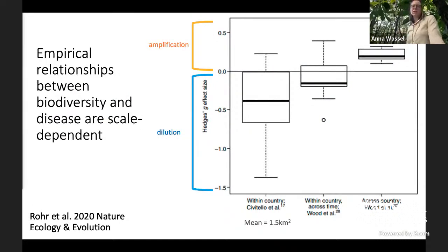So disease and diversity relationships have been studied in a variety of systems, not only animals and not only Lyme disease. And different studies have found different things, both amplification and dilution, or neither. And several meta-analyses have attempted to resolve these different results and found overall different arguments about whether, yes, we have a lot of dilution with increased biodiversity, or we have more amplification.